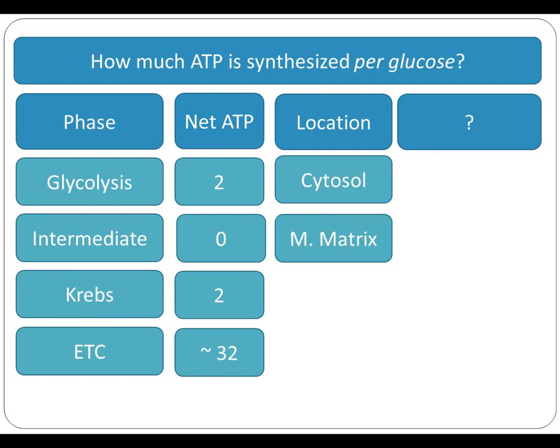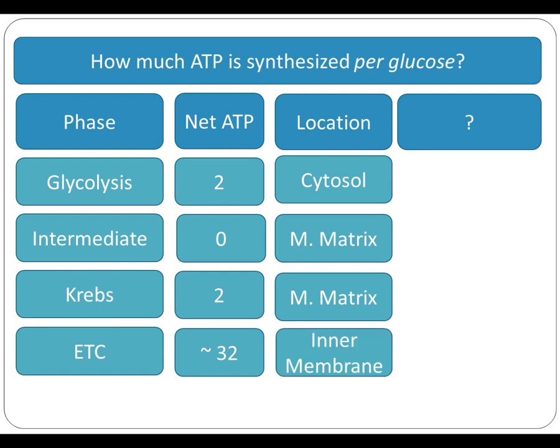The Krebs cycle also occurs in the matrix of the mitochondria. What about the electron transport chain? Where does it take place? Across the inner membrane of the mitochondria.